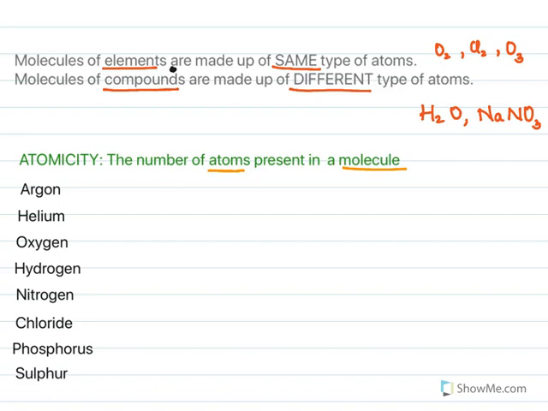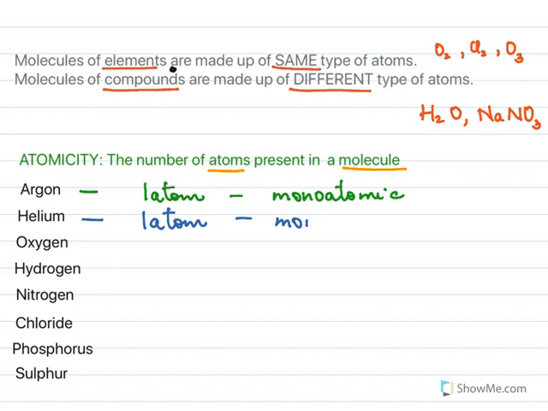The first example is argon. Argon is said to be monoatomic because it is just a single atom. So it is monoatomic. Then next is helium. Helium also is made up of just one atom, and hence it is monoatomic, a single atom.